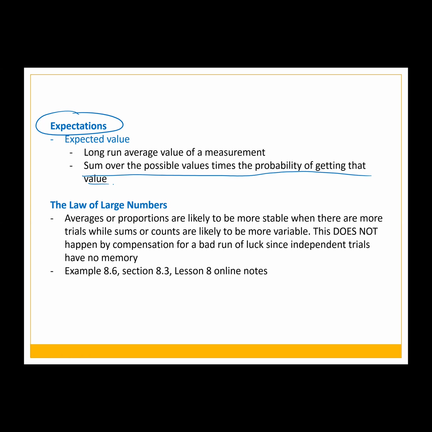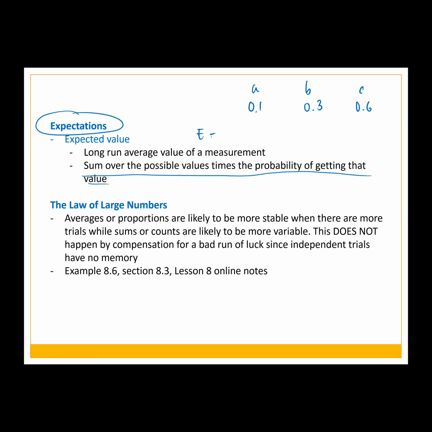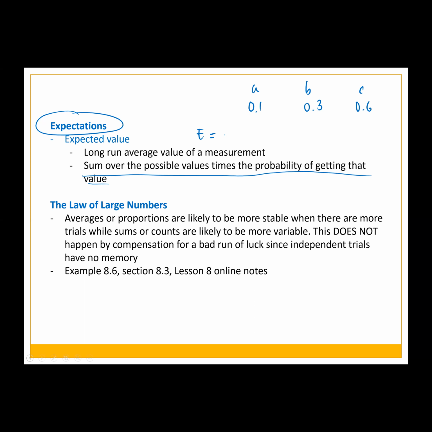Say you have 3 outcomes, A, B, and C, with probabilities 0.1, 0.3, and 0.6. Note that the probabilities have to sum up to 1. Then your expected value is 0.1A plus 0.3B plus 0.6C. So it's a sum over the possible values times the probability of getting that value.